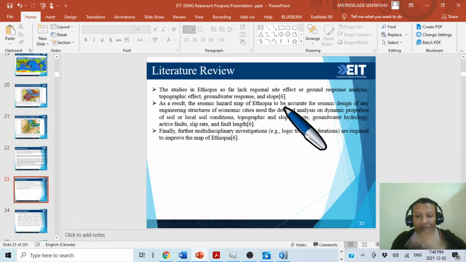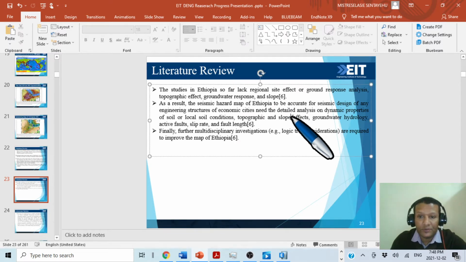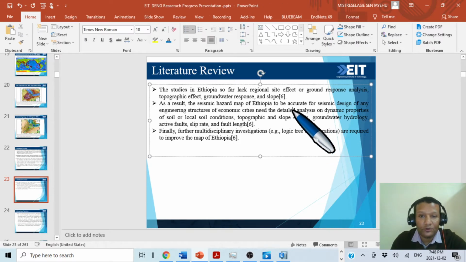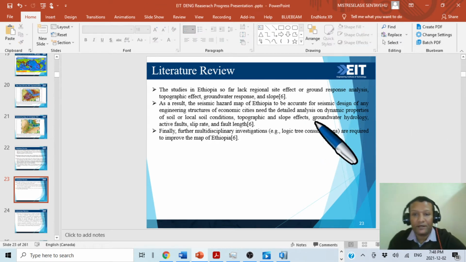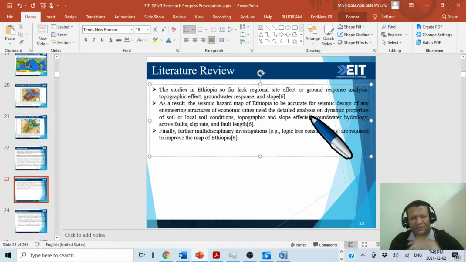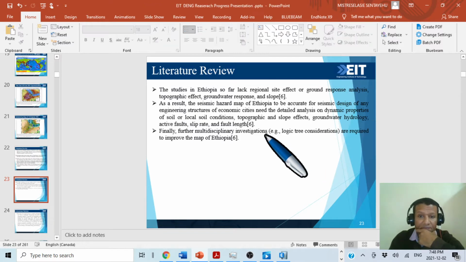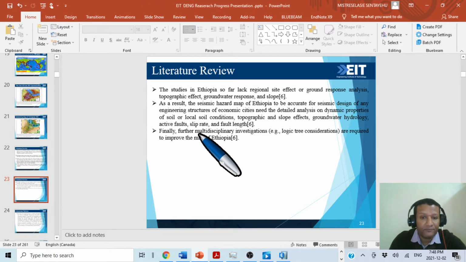But back 100 or 150 years ago in Ethiopia there was no station. Even now we have 3 or 4 stations. I am not sure, but I will check it. But I don't know, 6 or 7 stations are there in Ethiopia now.